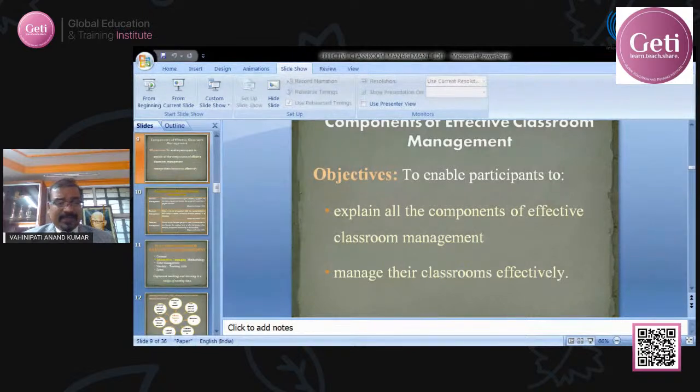But the third part of classroom management, that is the covenant management, is the most prominent and important part of classroom management. And covenant management helps in strengthening both conduct management and effective content management also, because covenant management focuses on the classroom group as a social system.